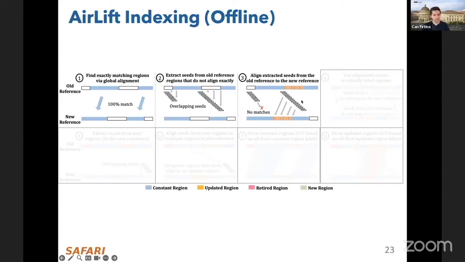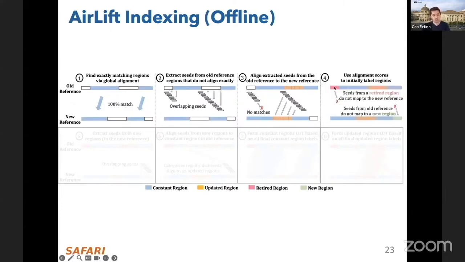And after this step, there are still going to be some regions where the seeds are not going to be aligning in the new reference genome. So for those regions, if the seeds in the old reference genome cannot align anywhere in the new reference genome, then the region that we extracted those seeds from should be labeled as the retired region, because apparently that particular region no longer exists in the new reference genome.